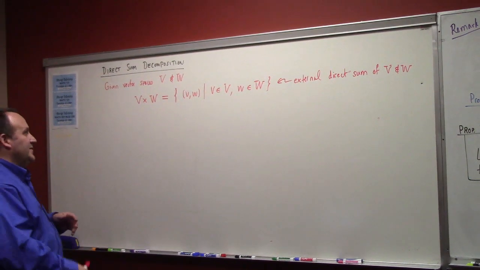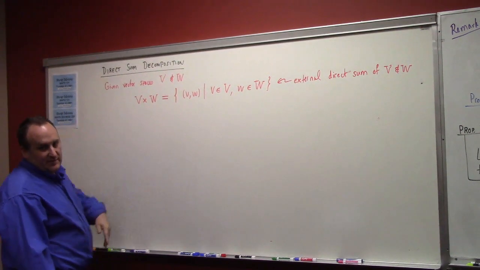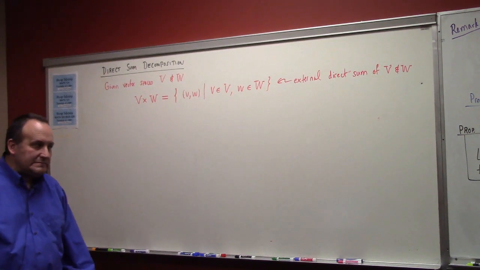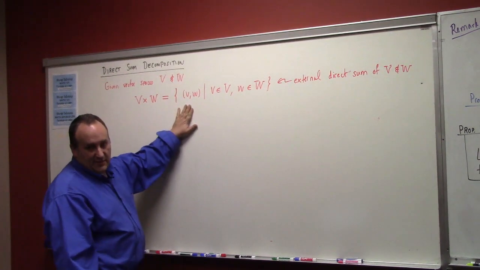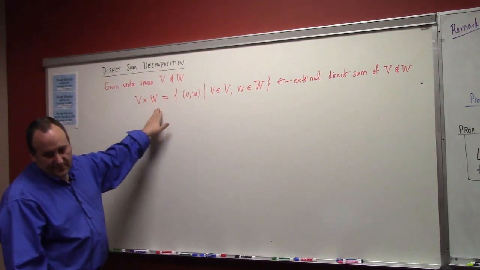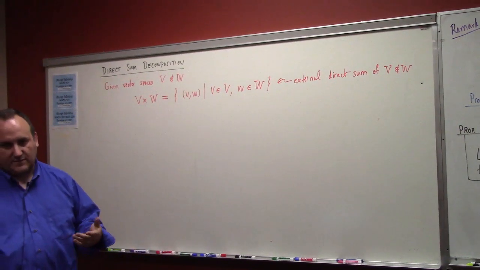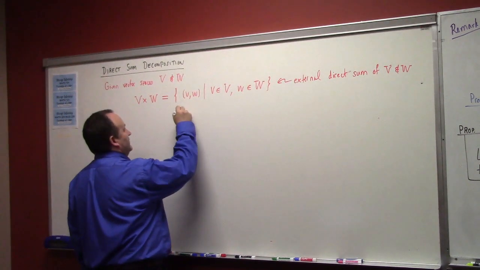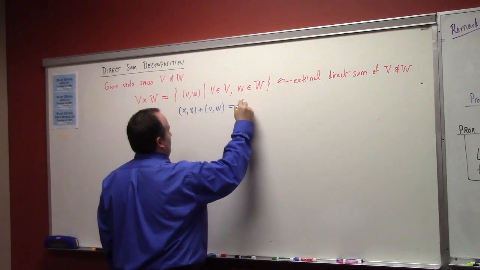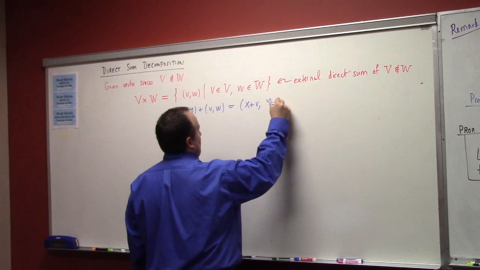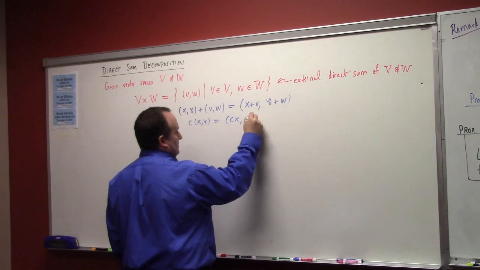It could be that V has matrices and W is functions from the unit interval, subject to some differential equation or something, right? But this is nevertheless a new vector space that we can form given vector space V and vector space W. You know how to define the addition, right? The addition is defined component-wise. If we have (x, y) plus (v, w), by definition it's (x plus v, y plus w), and c times (x, y), by definition (cx, cy). All right, great.